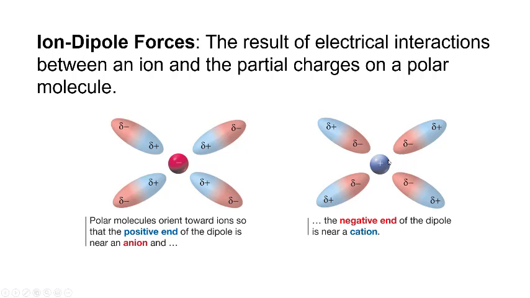Whereas on the other side, we would have attraction between a positive ion and the oxygen side of our H2O, the partial negative. So you would align the polar molecule such that it has an electrostatic interaction between the ion and the polar molecule itself. This is called ion-dipole interaction or ion-dipole forces, and it's easy to remember because it is an interaction between a free ion and a molecule which has a dipole.